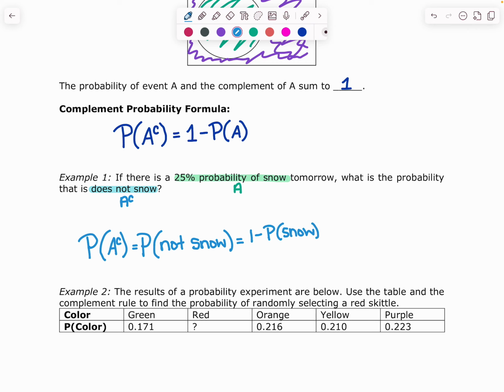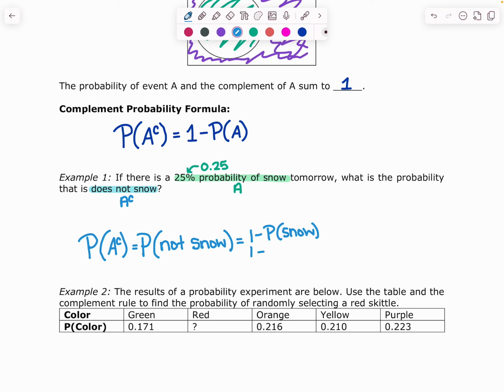Now, one of the first things we need to do whenever we see a probability given to us as a percentage is convert that percentage into a decimal. We cannot do math with percentages. We can only do math with decimals. So while we can interpret probability as percentages, we cannot do any calculations with probability as percentages. So now I know the probability that it's going to snow tomorrow is 0.25.